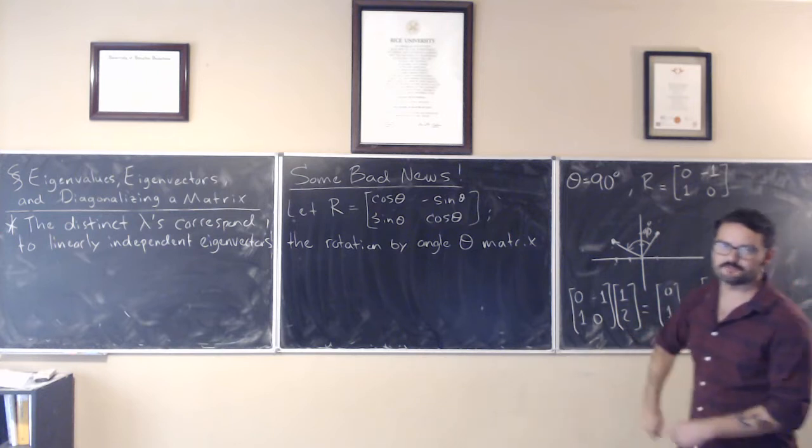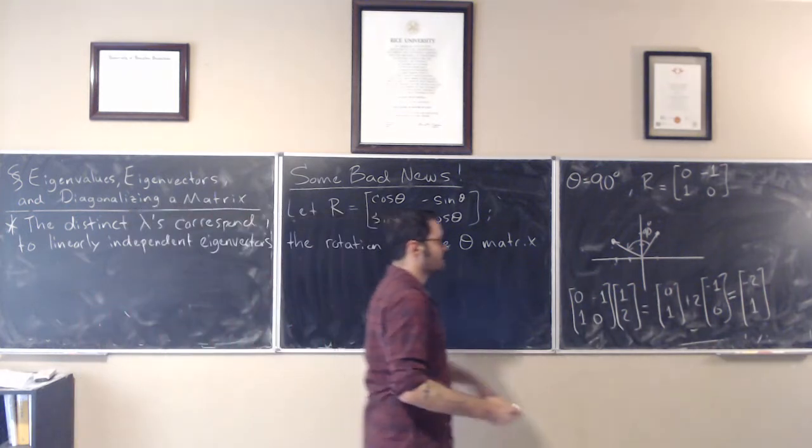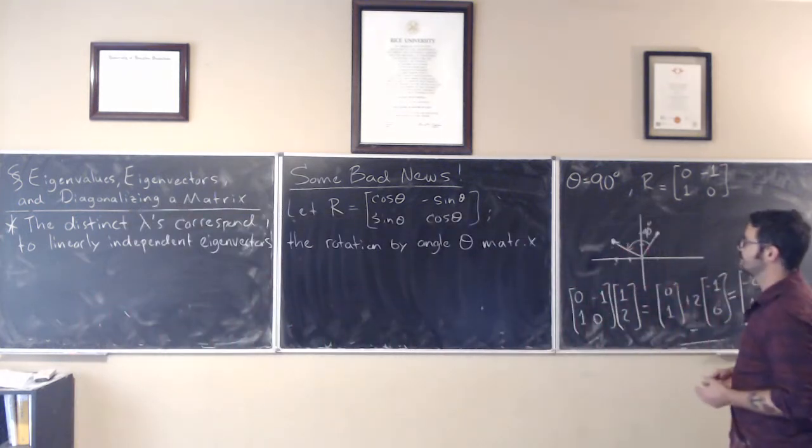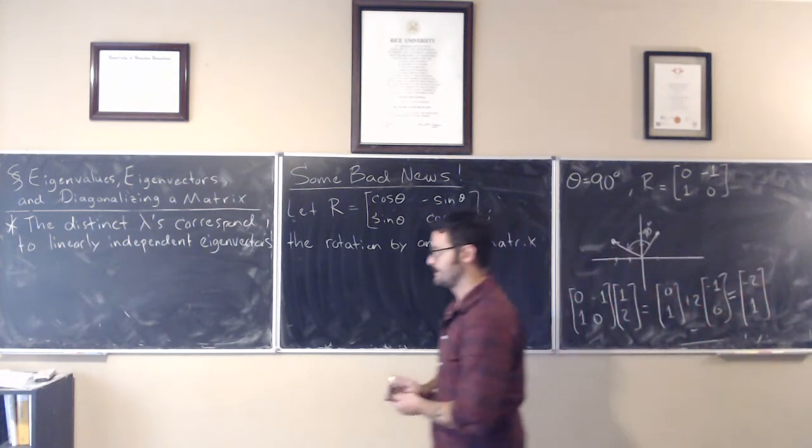So that's why it's called a rotation matrix. All right, so do we understand what the rotation matrix does? It takes an input vector and outputs a vector at a 90-degree angle to it.